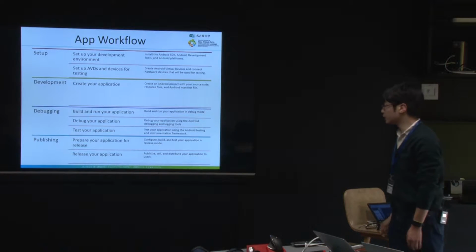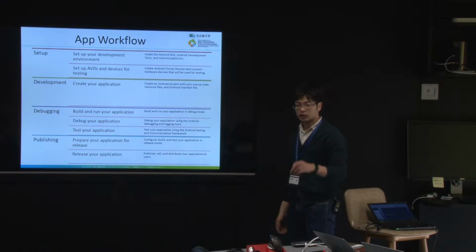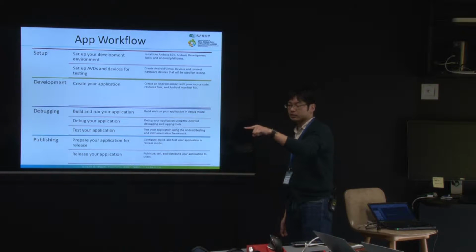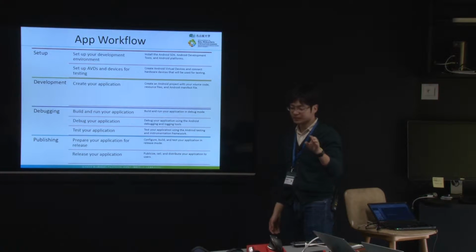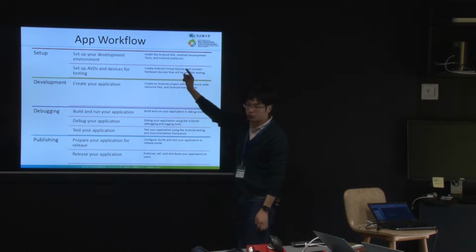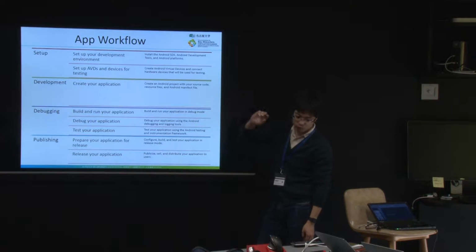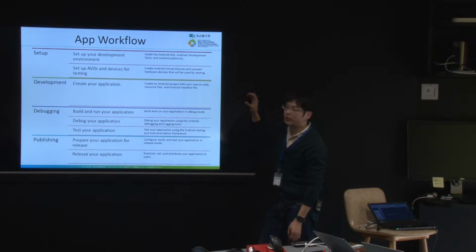If you want to make an Android application, I think you are now looking at Android Studio on your PC. You first need to set up your development environment, and you need to buy an Android device or use virtual devices. Then write your application and test it on your virtual devices or real devices.